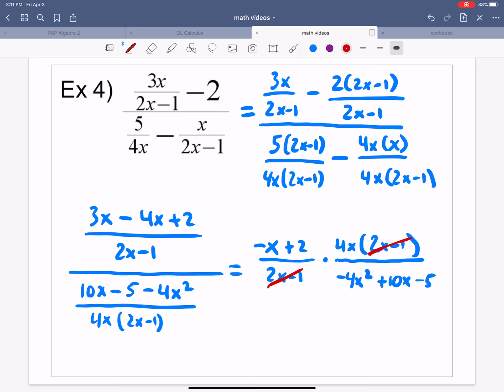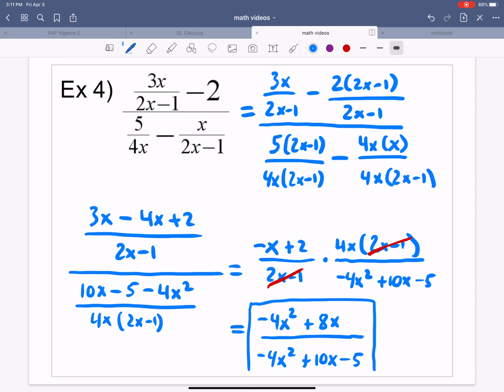That's going to make my life a whole lot easier. So now all we have to do is multiply by what we have over, and we have negative 4x squared plus 8x on the top, all over negative 4x squared plus 10x minus 5. And that is your final answer.